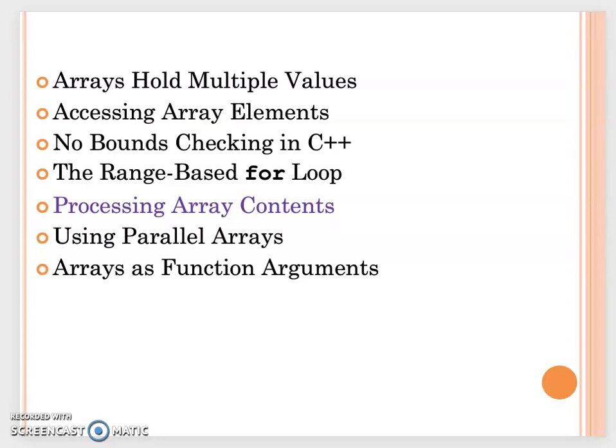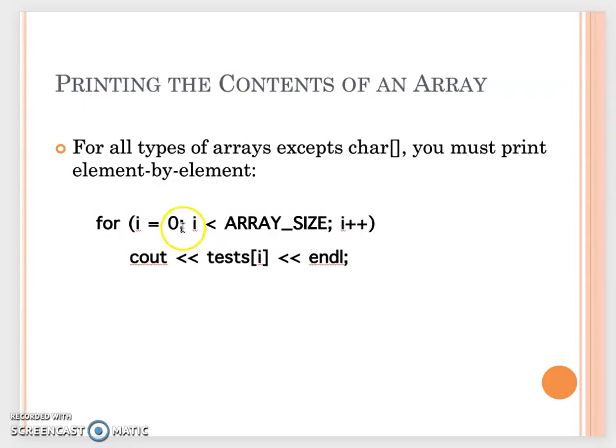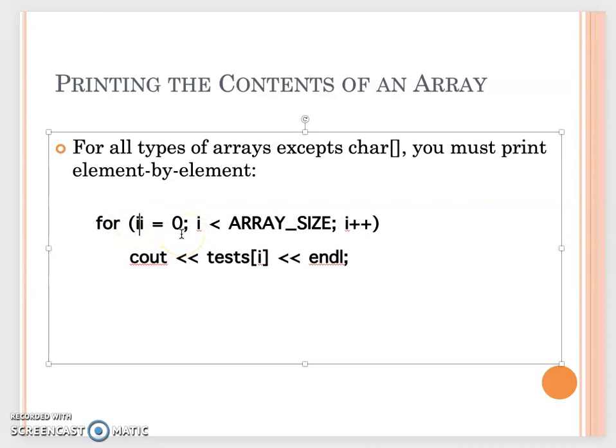Remember, if we want to display the array content one by one, we can have our index I. We can define an integer called I, which starts from 0 and goes less than the array size, and we increment it each time.